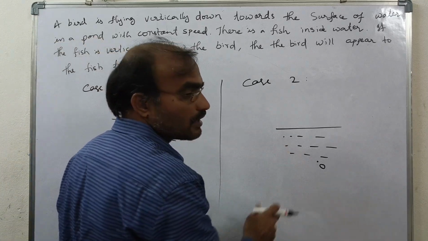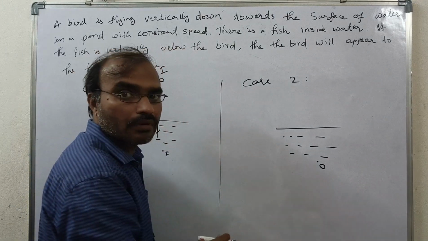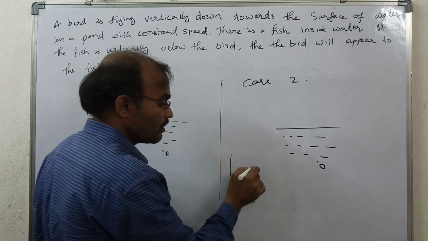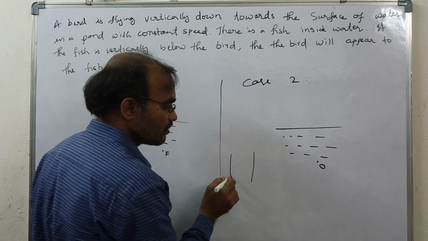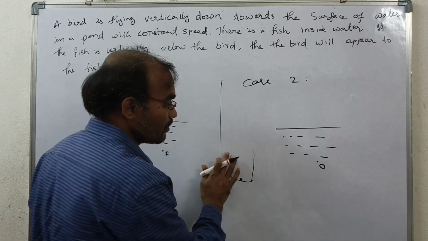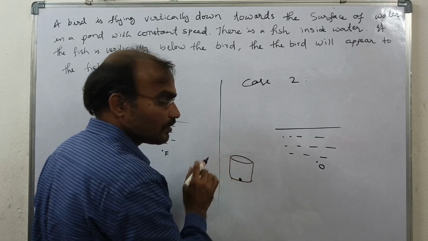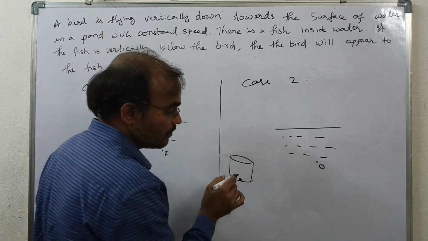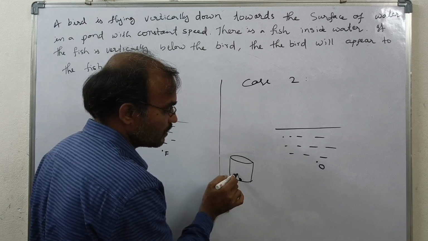In this case, it is like you have in 9th class an experiment. Same example. Take a glass, keep a coin, observe from the top. Do you remember? Observe from the top and move away until the coin goes out of your vicinity.